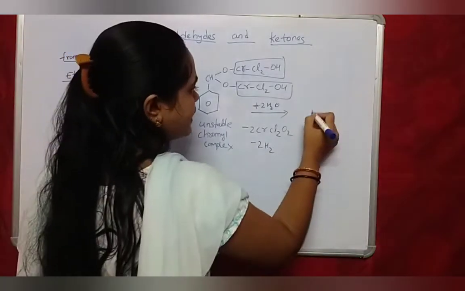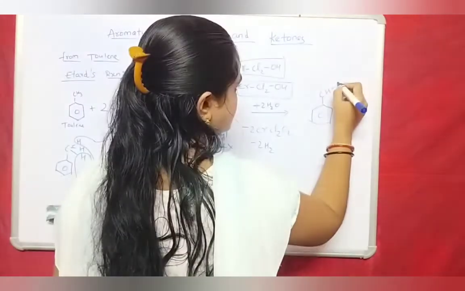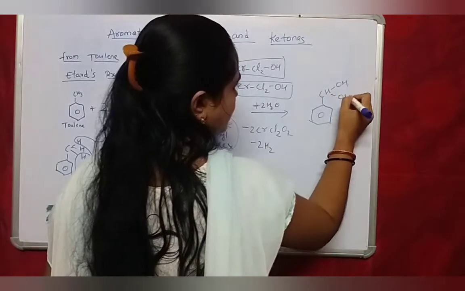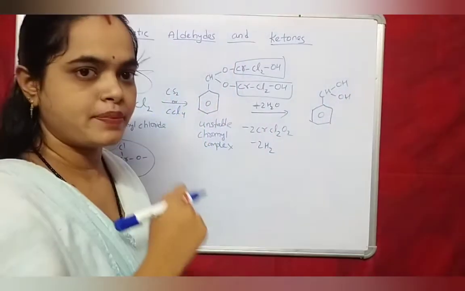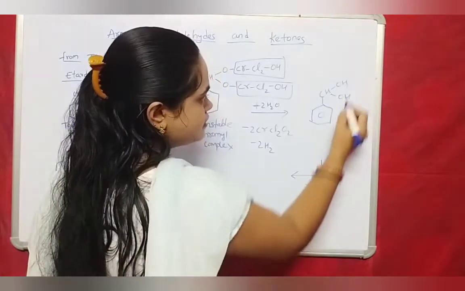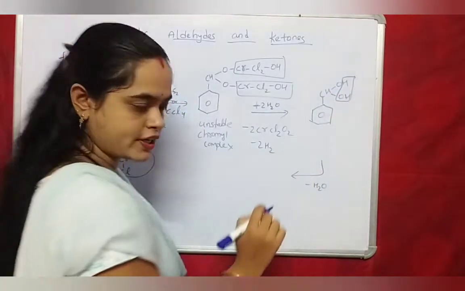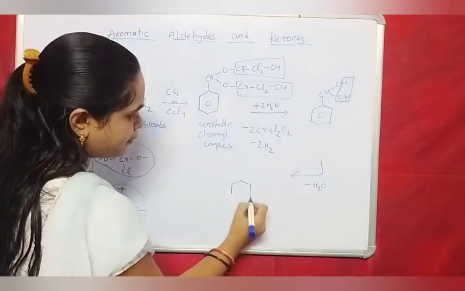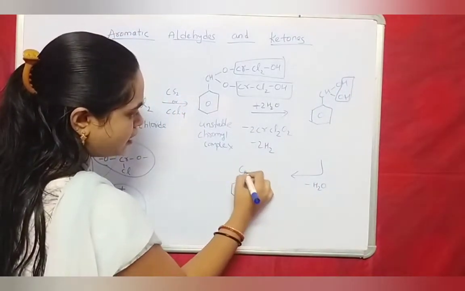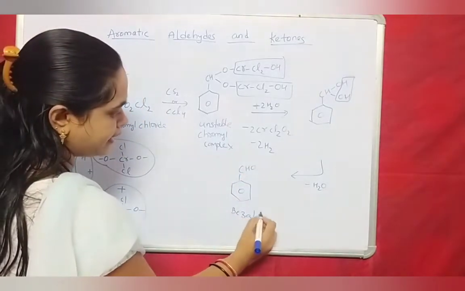So the remaining product has two OH groups present on the benzene carbon, a diol. When water is removed from this, the H and OH removed as a water molecule, our final product is benzaldehyde.